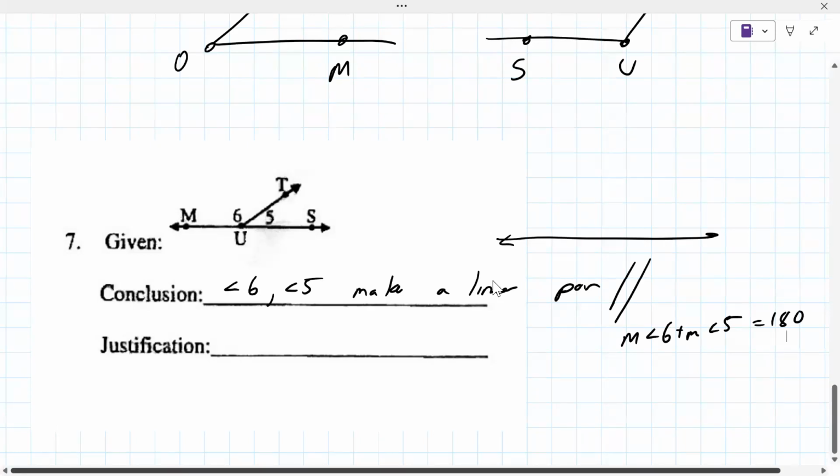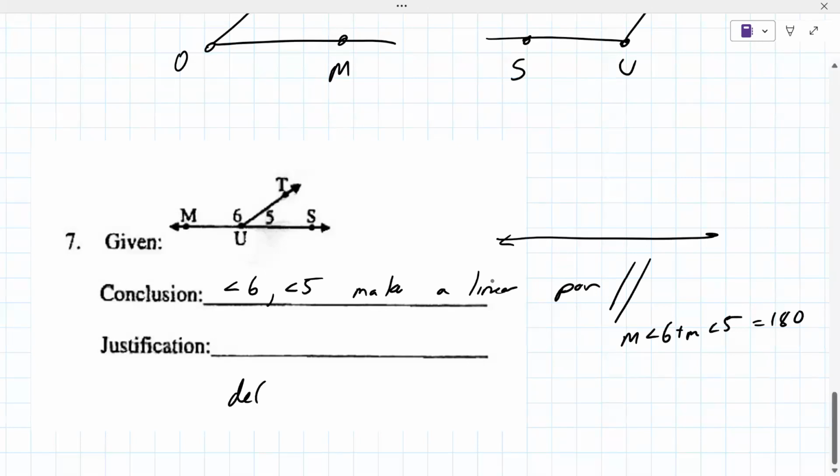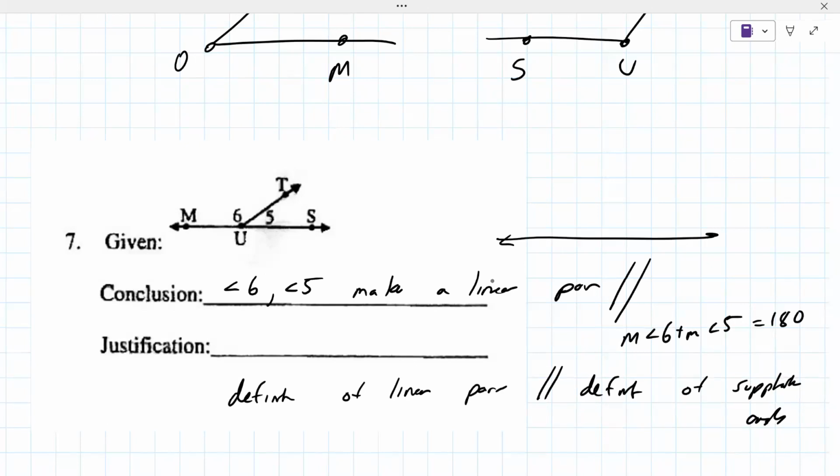And so your justification depends on which one you're doing. It would be definition of linear pair, or it would be definition of supplementary angles. Wait, so how come this one can be both? Well, I don't know what they're trying to imply here.